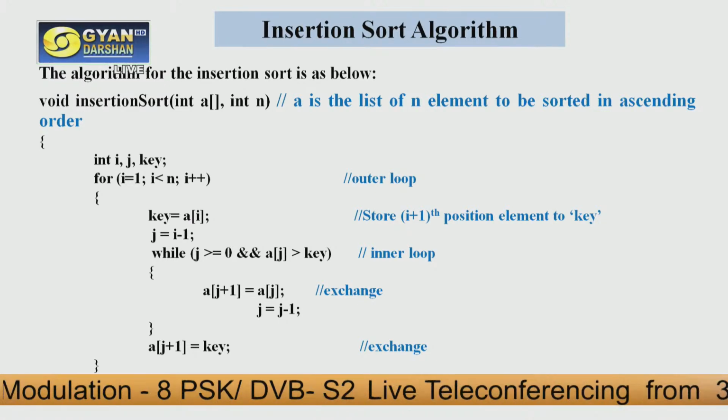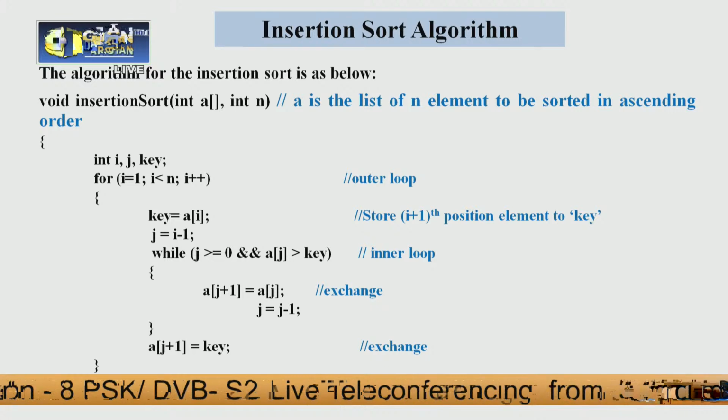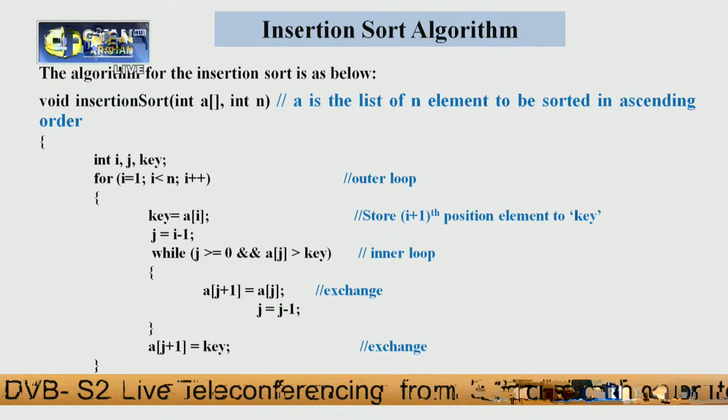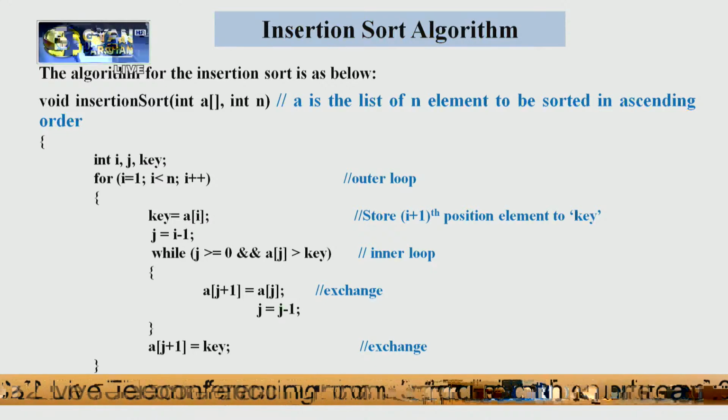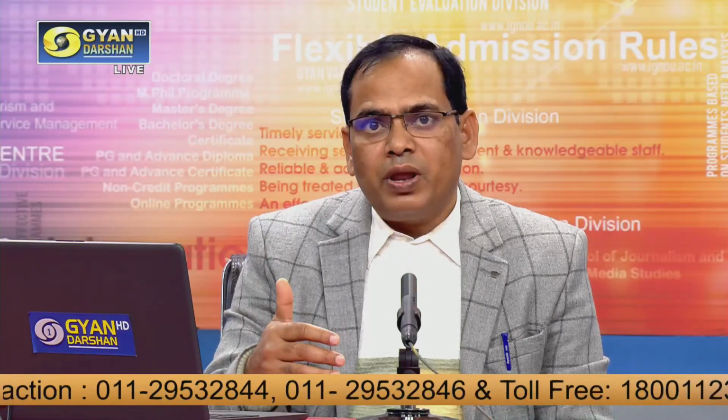And for each value of the outer loop, the inner loop is also going to be executed. Initially it will be executed 1 time, next time 2 times, and so on. So based on these two loops, we can analyze what will be the time complexity of the insertion sort.